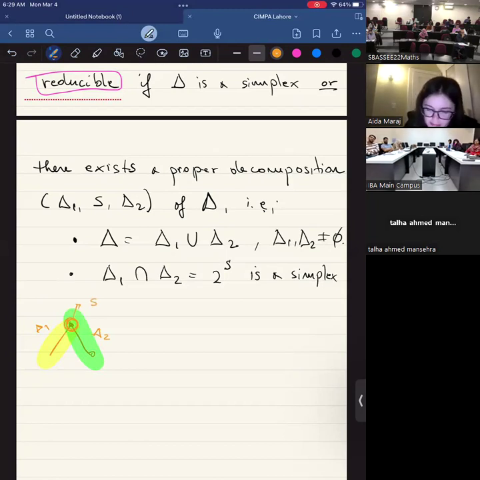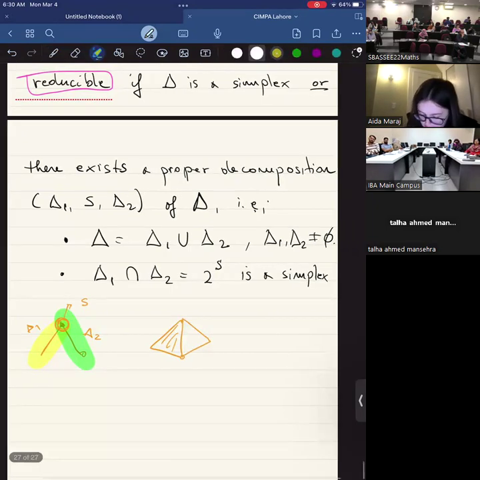But there are other examples, they can be more complicated examples of reducible. So for instance, the picture that I mentioned earlier, this one is also reducible because it can be reduced in two parts again, this one and this one.